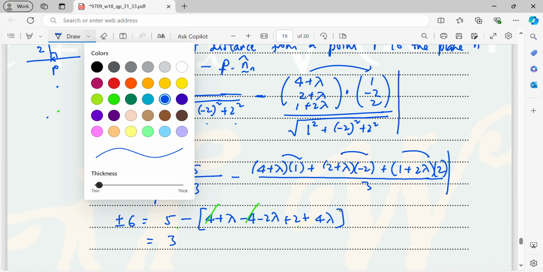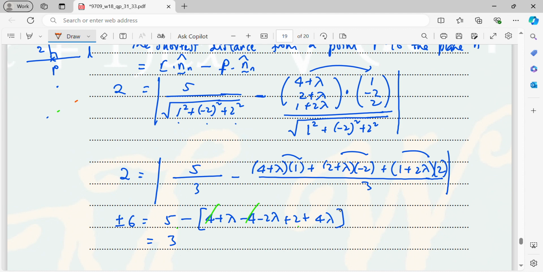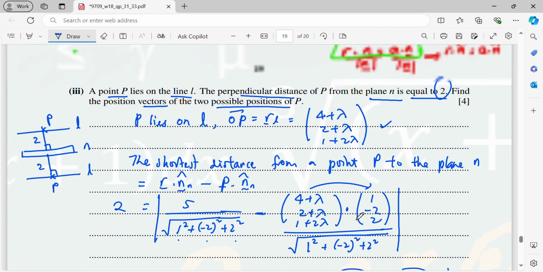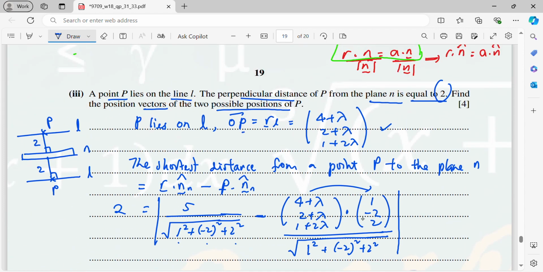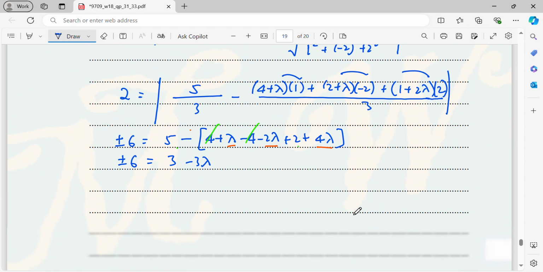So for the lambda, 4 lambda plus 1 lambda, 5 lambda, minus 2 lambda is 3 lambda. So there is a negative outside. Therefore, I get minus 3 lambda equals plus minus 6. Now, I have to solve the lambda value because we need to calculate the OP. Okay, OP depends on the lambda value.